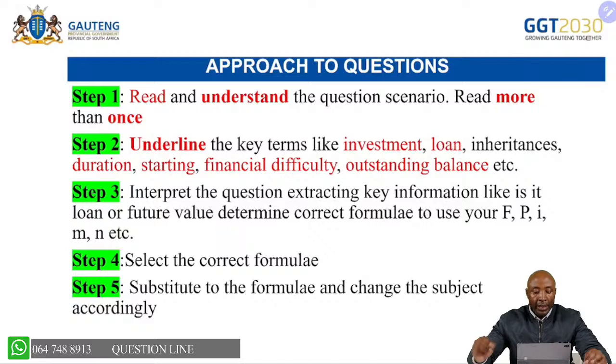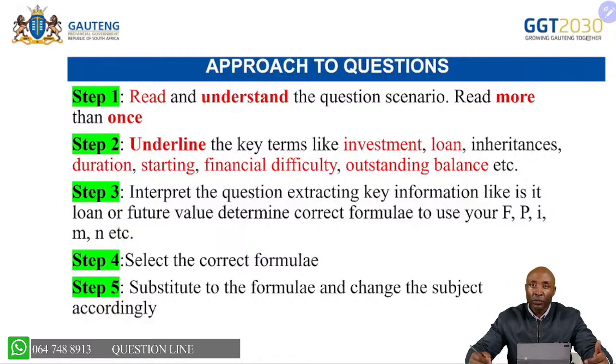We move on. Please underline the key terms like, is it an investment? Is it a loan? Inheritance, I've given you the example that sometimes you get an inheritance of 10 million. You want it to take care of you for the rest of your life. It pays you certain amount so that you are able to live out of it.